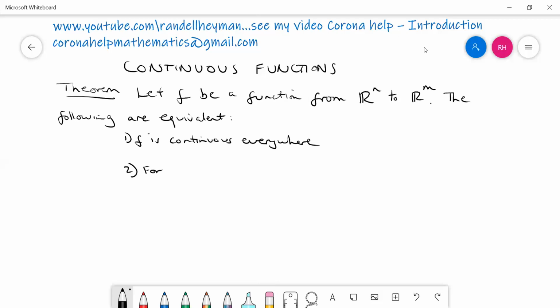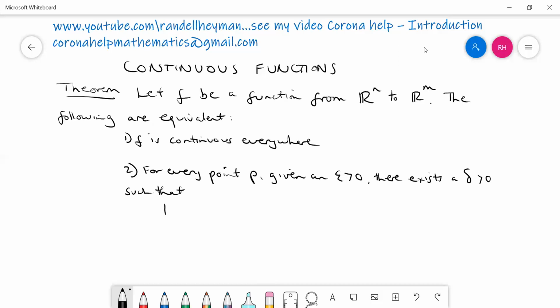Okay, for every point P, given an epsilon greater than 0, we can construct, or as they say, there exists a delta greater than 0 such that, this is the bane of many students' life at university doing mathematics, this sort of stuff, if the distance from x to p is less than delta, then that implies that the distance from f(x) to f(p) is less than epsilon.